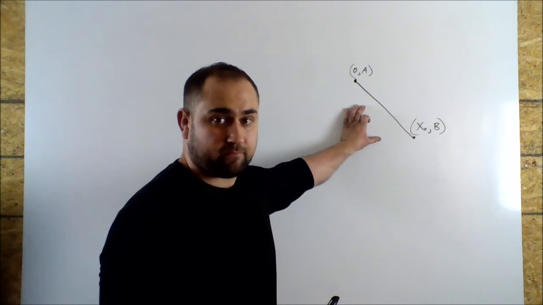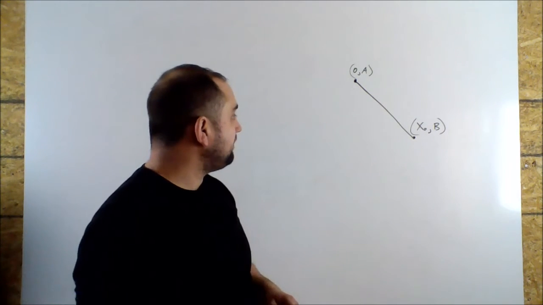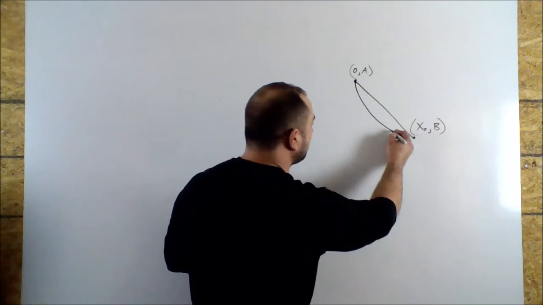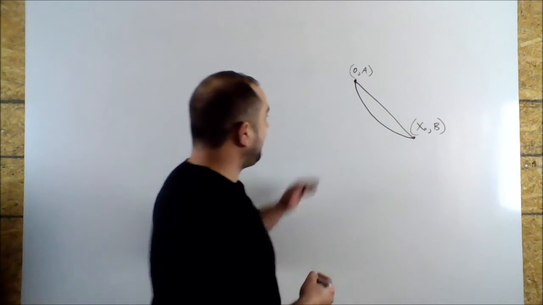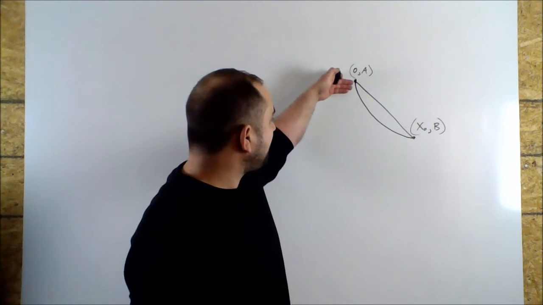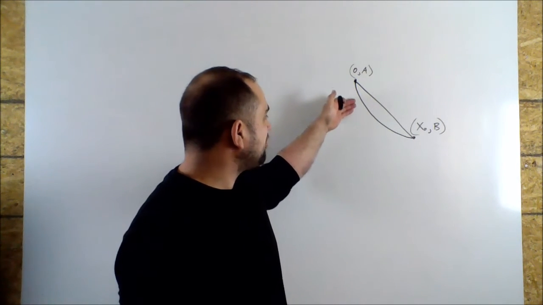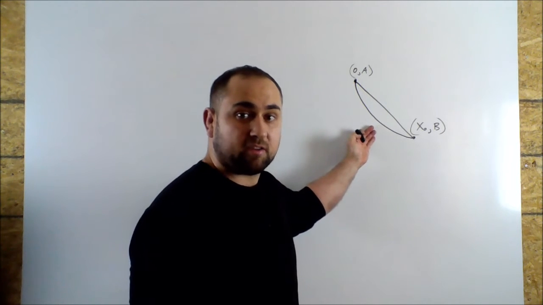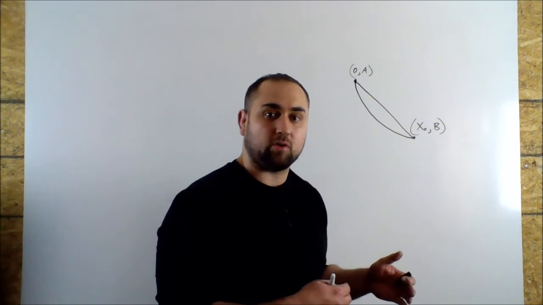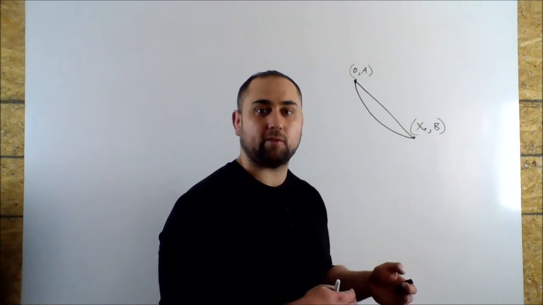They're staggered. Now if we add a little bit of a curve, we have a much greater distance to travel, but we have a much greater acceleration such that our average velocity is sufficient to account for that additional distance traveled.